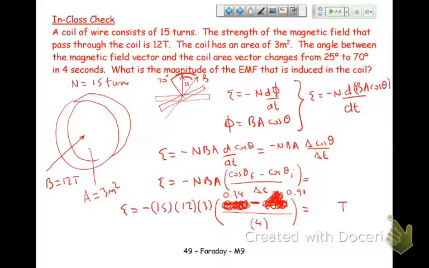All right, 76.95. What do you think the big error is on this?